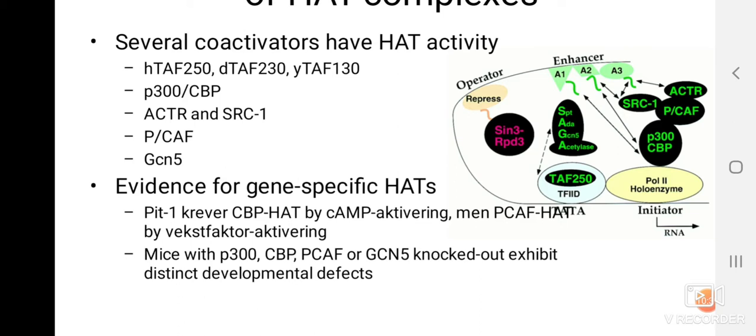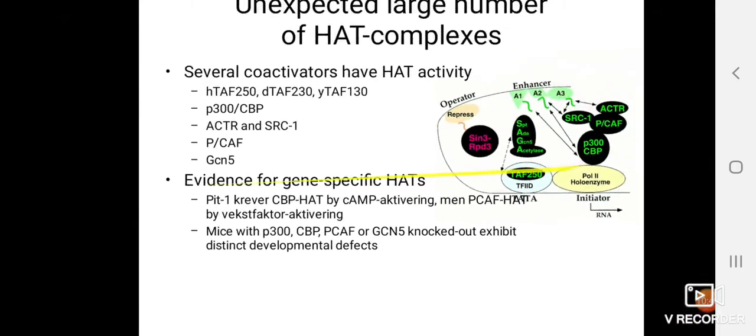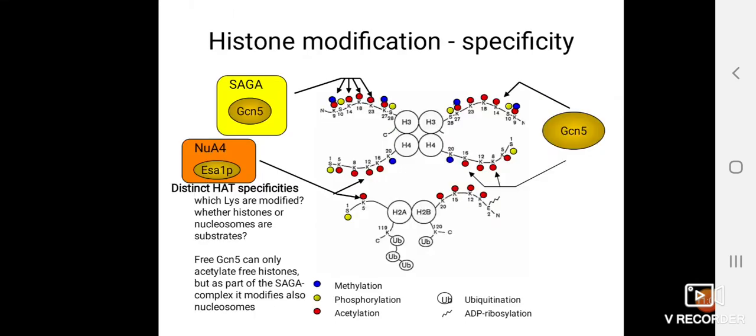They are the co-activators, whereas gene-specific HATs include p300, CBP, PCAF, or GCN5. There are many HATs which play an important role in the activation or transcription of a particular gene. You can see how the HATs are influencing the promoter and enhancer regions.